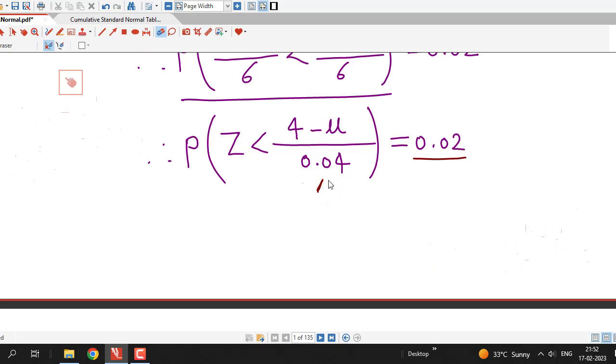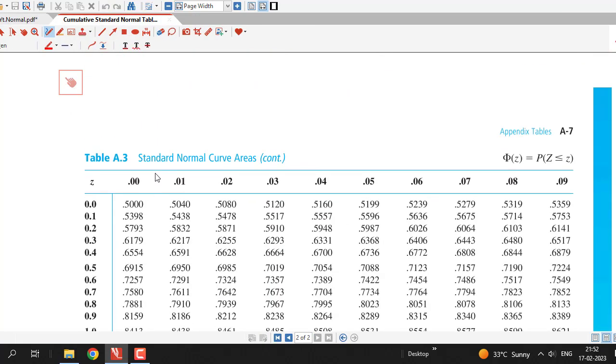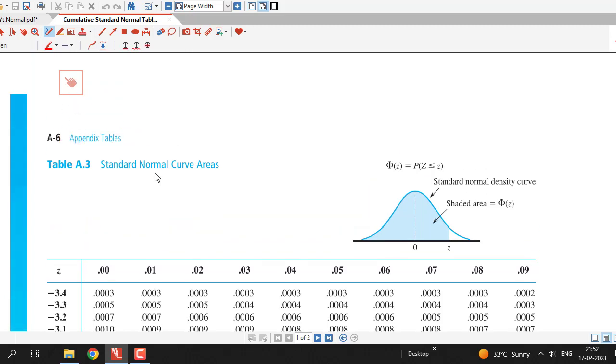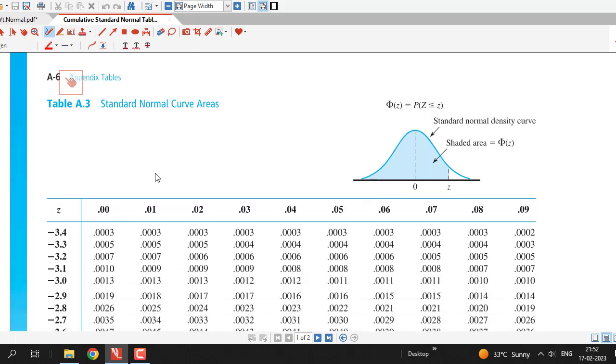Now we are moving towards the cumulative standard normal table, and in that table we have to search for 0.02. So let me search here. These are the cumulative probabilities, and we are interested in 0.02 area.